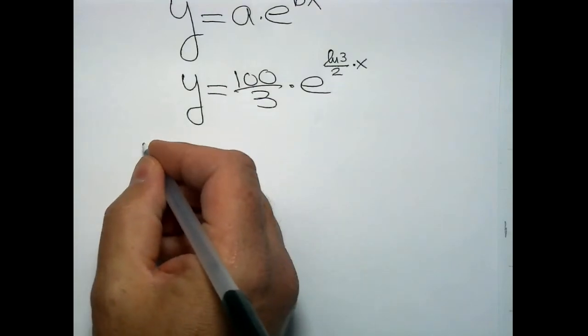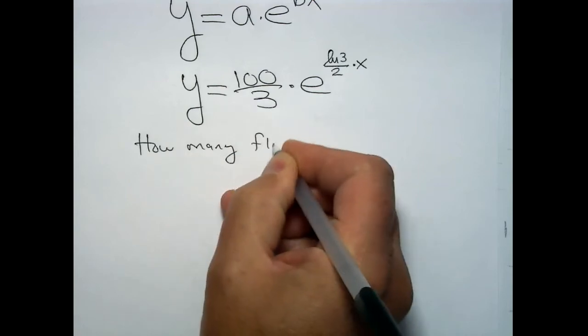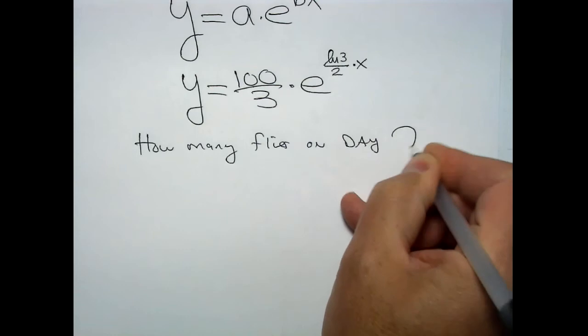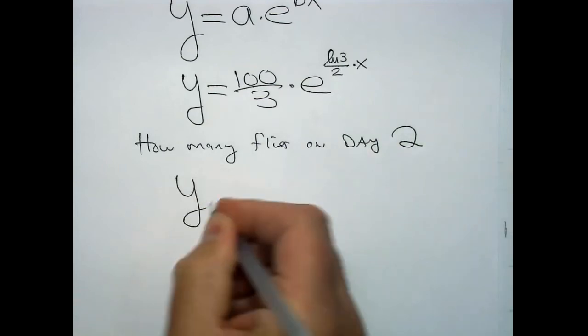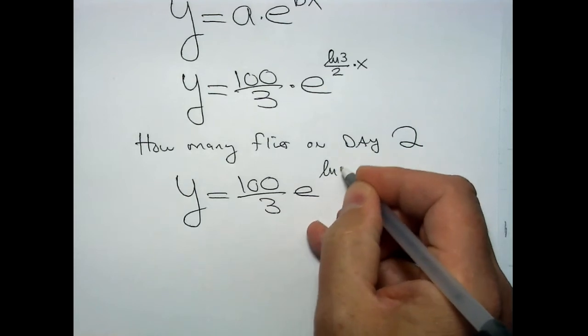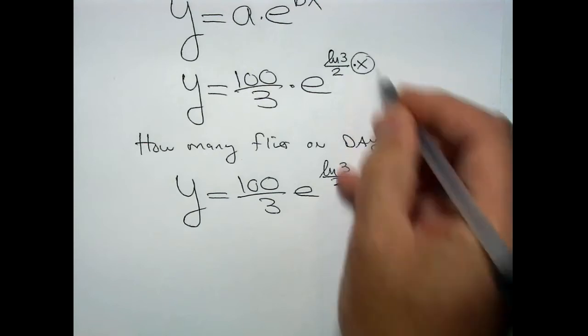So let's do this. How many flies do we have on day 2? Let's find out. Y is 100 divided by 3e. Now it's the natural log of 3 divided by 2 multiplied by day 2.